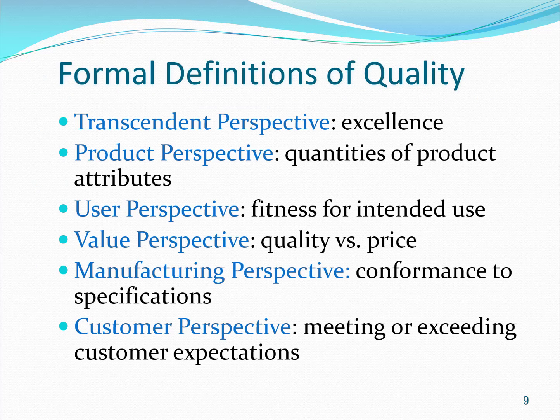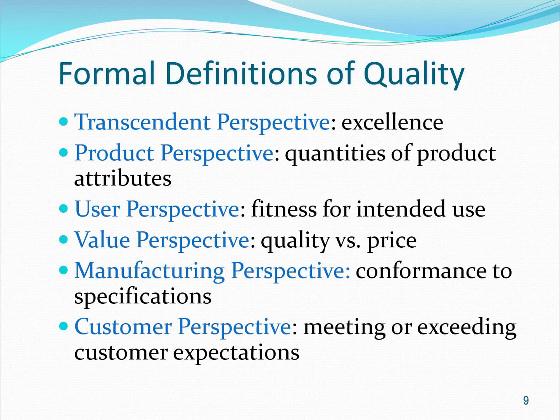So that brings us to definitions of quality, which we've somewhat addressed so far. The transcendent perspective is that excellence perspective, for which I just gave an example: Mercedes-Benz. The product perspective addresses quantities of product attributes. For instance, the number of threads in bedding, in a sheet, or in a piece of fabric tells us the quality of it.